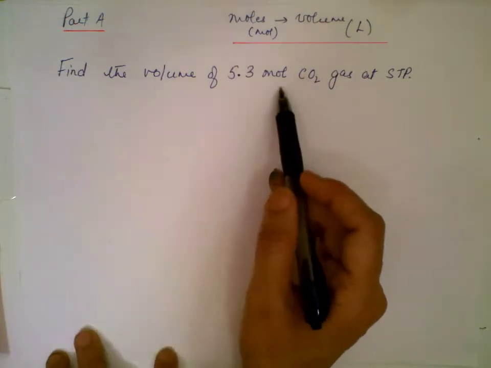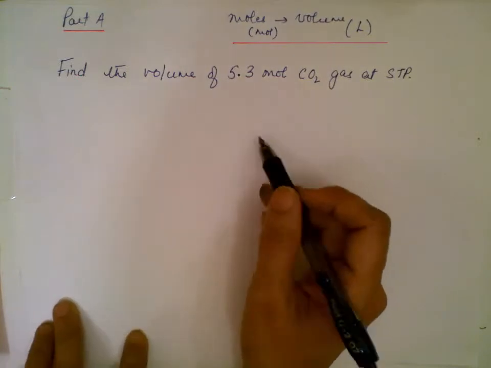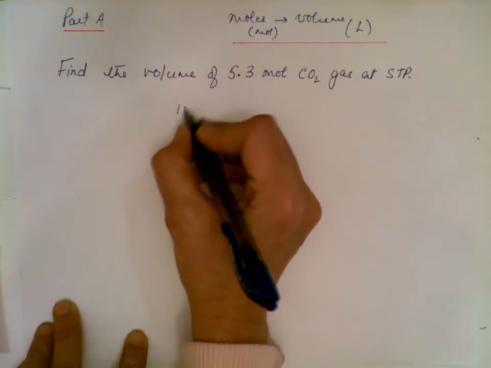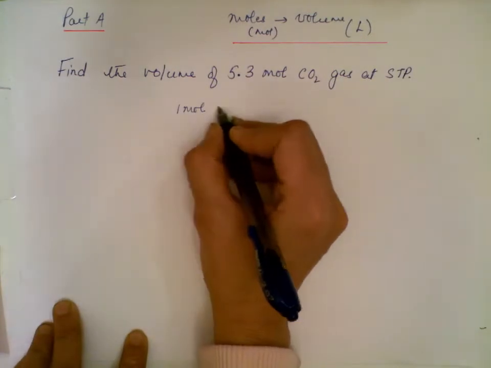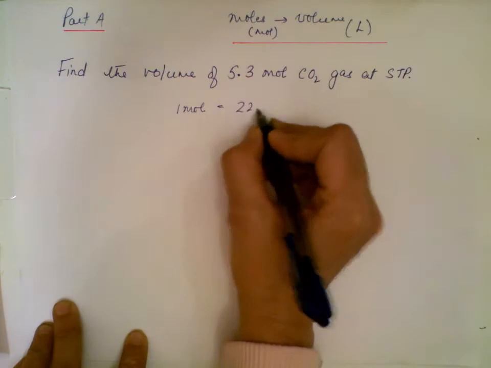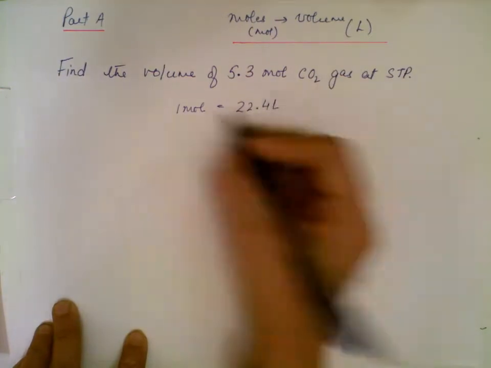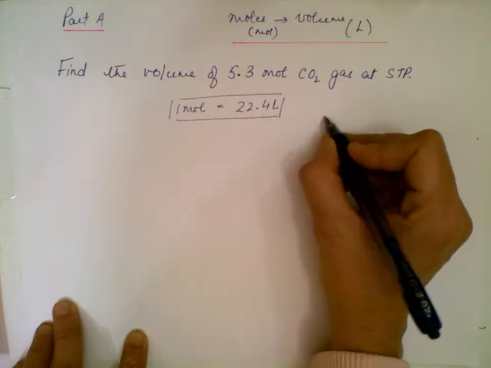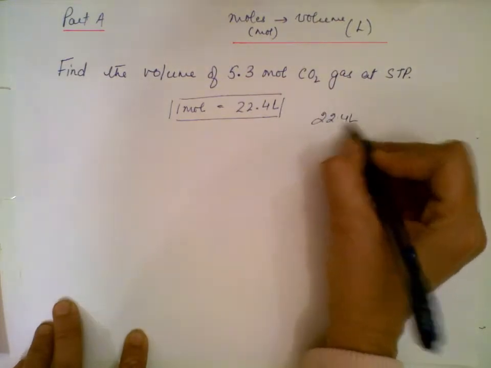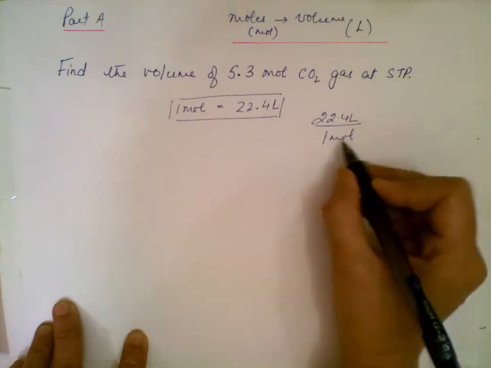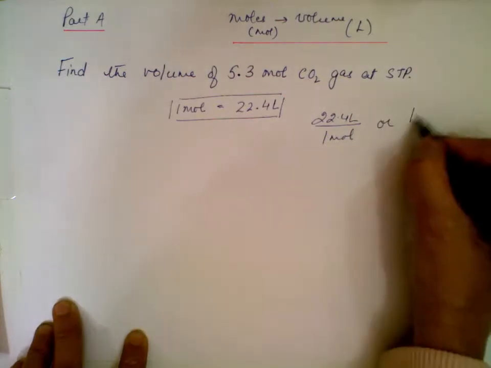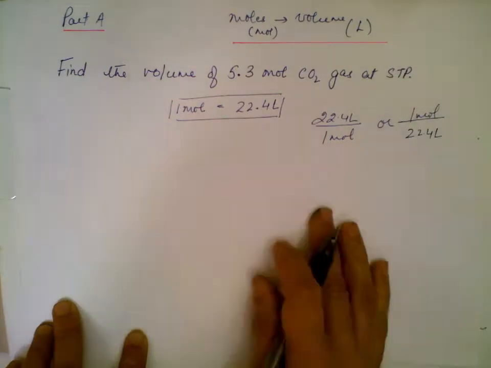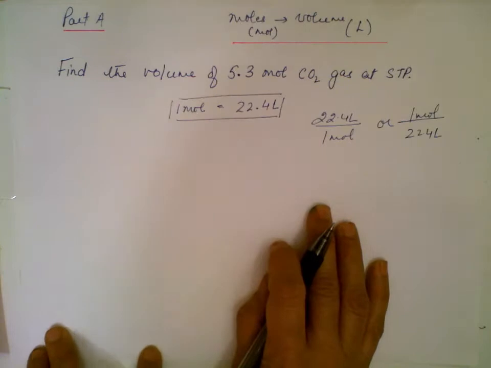Well, we already know from the definition that at STP, 1 mole of any gas occupies 22.4 liters of space. Now this gives us two fractions. We can write it this way or we can write it this way. Both are fractions. Now, which one are we going to pick?